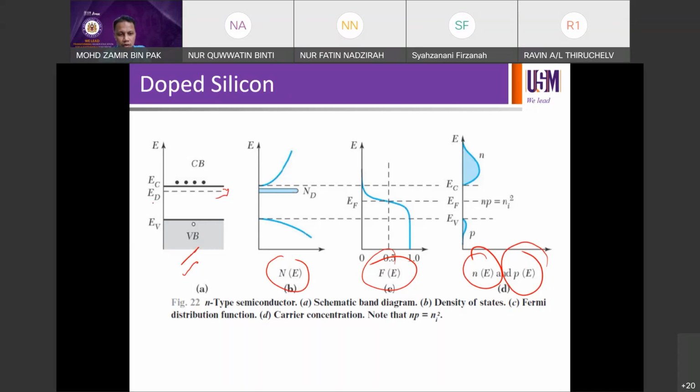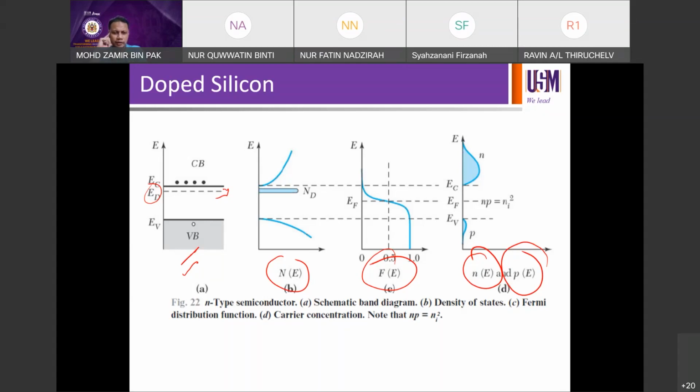ED means you have your donor state, and your donor state is very close to the CB because it is an N-type semiconductor, where you have more electrons incorporated, and you can put your ED right below your EC. On the other hand, if your doped silicon is P-type, where would you estimate the new energy level to be?